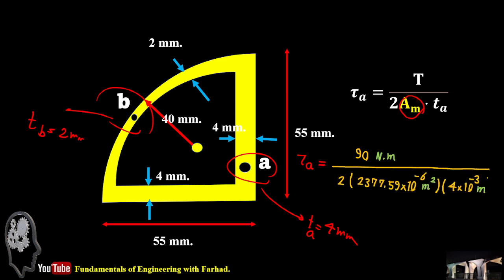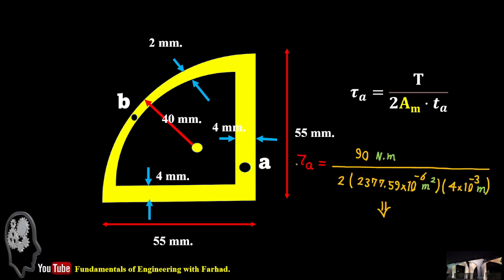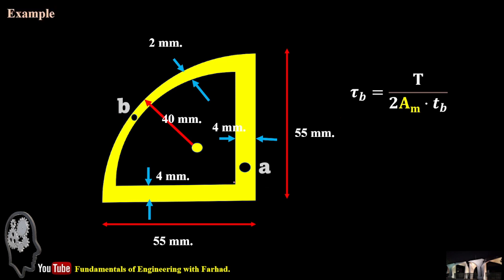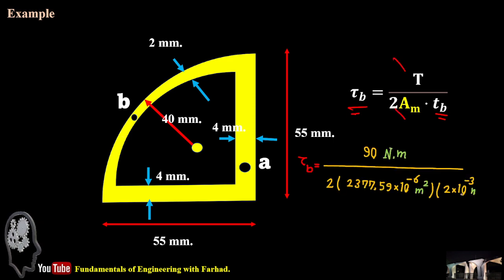For tau A, you get the 90 Newton meters torsional torque over 2 times A_m times the thickness of A, and it gives tau A equal to 4.37 megapascal. Do the same for B: everything remains the same, but the thickness goes by half.